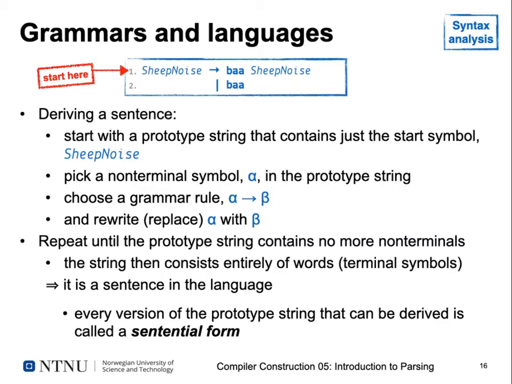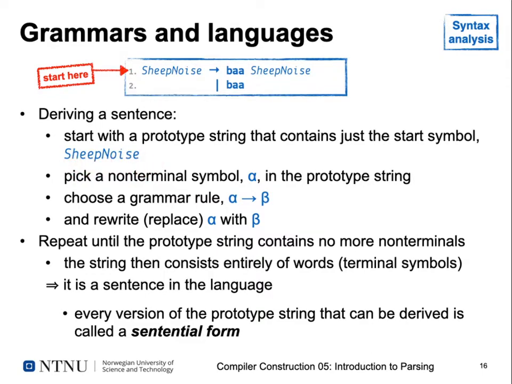So we start here, and you see we added line numbers to our grammar. These are not part of the grammar. They just make it a bit easier to talk about what's going on here. When we try to derive a sentence, we start with a prototype string that just contains the start symbol. So we start with a sequence of elements of our grammar, and the first element is just our start non-terminal symbol sheep noise.